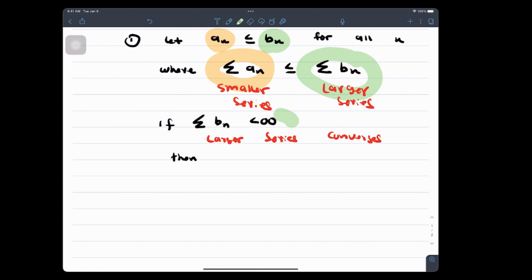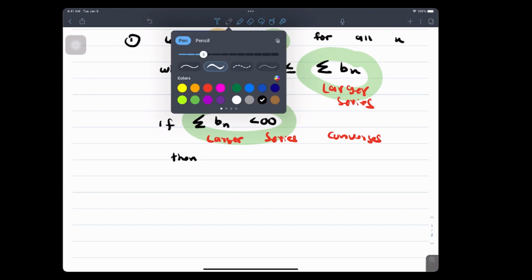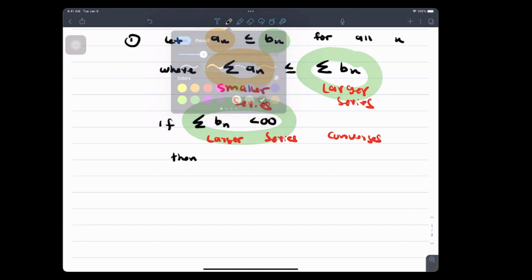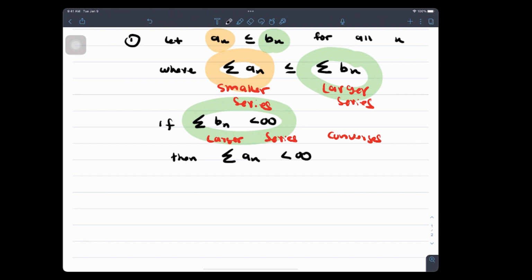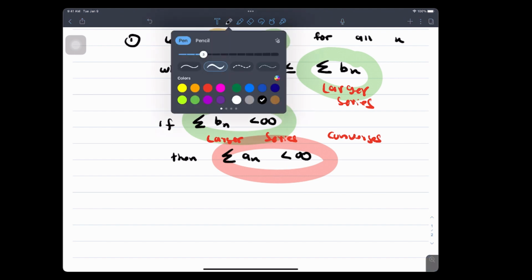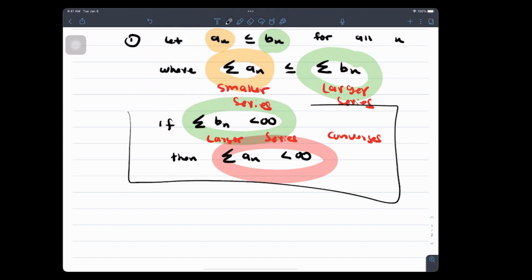That sum is less than infinity. It's a finite sum. Then what does that mean about the smaller series? You can guarantee that the smaller series is forced to also be convergent. Is that true? Because the larger series is a finite value, it forces the smaller series to be finite. That's what we're looking for, just by comparison.